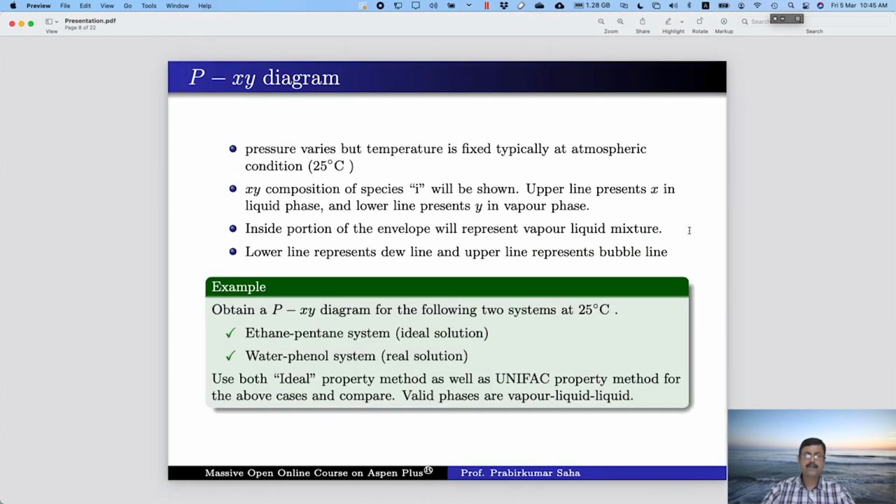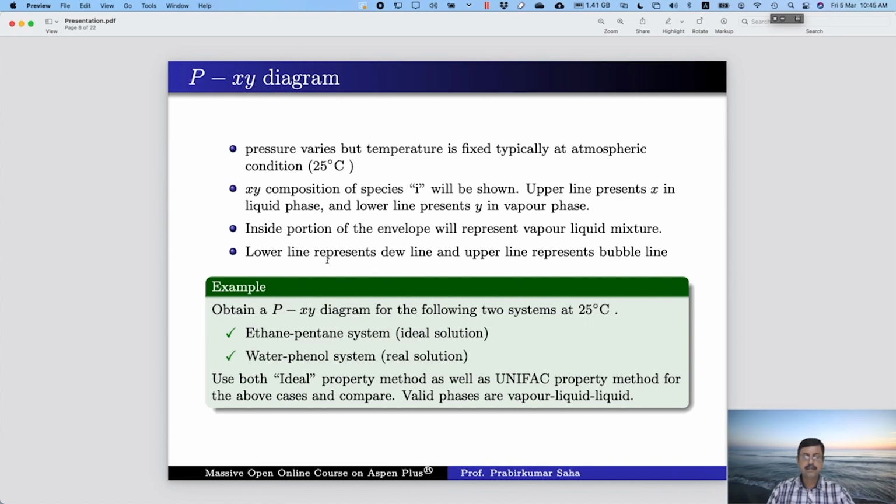Similarly, PXY diagram can also be found out. Here the pressure varies, but temperature is fixed, typically at 25 degrees centigrade. Here also the XY composition of species I will be shown, and because it is a PXY diagram, the upper line will present X as well as the bubble line, and the lower line will present Y in vapor phase as well as the dew line.